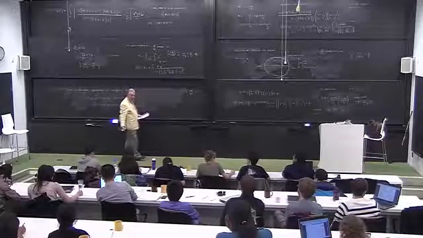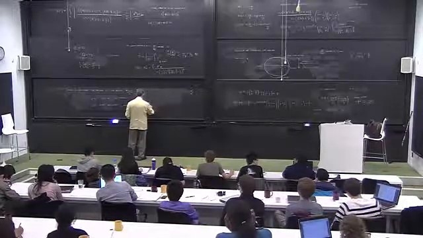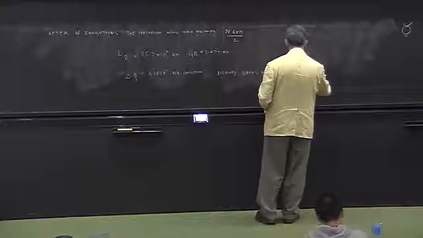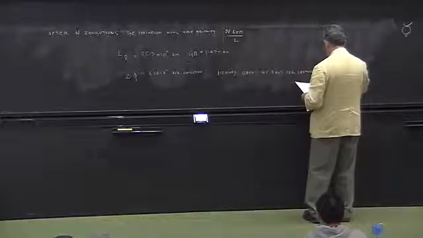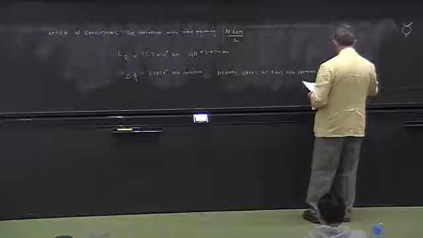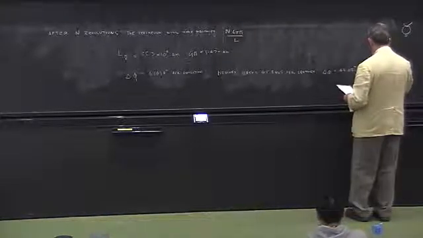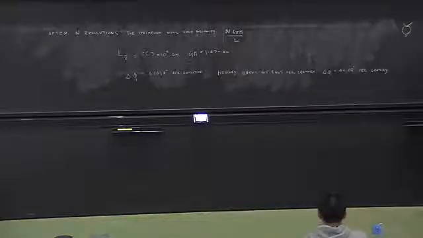Per Earth century, that is. So delta phi is 43.0 seconds per century. Not a big effect, but we can measure it experimentally.